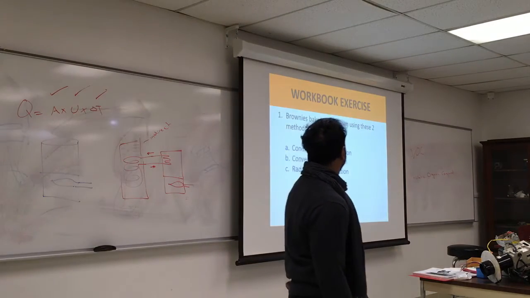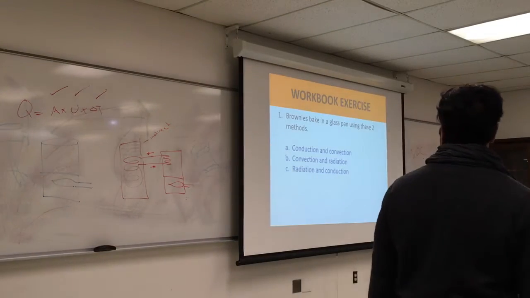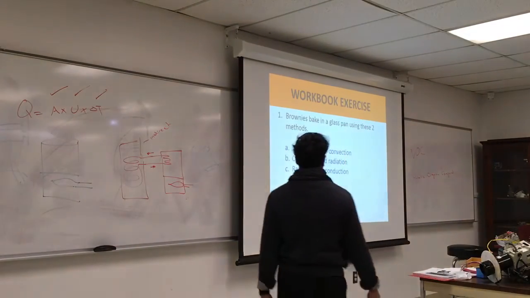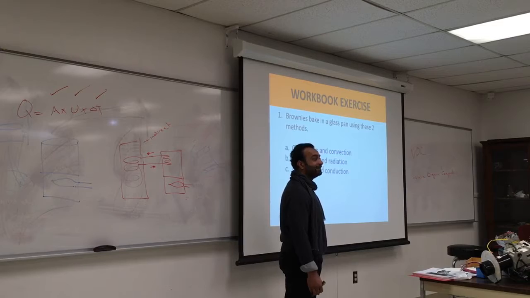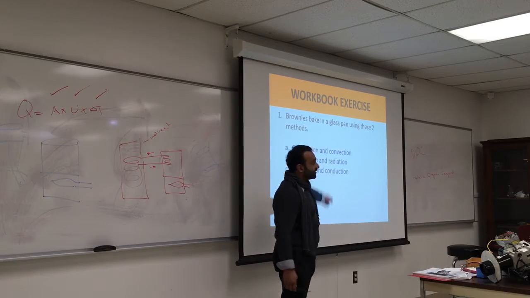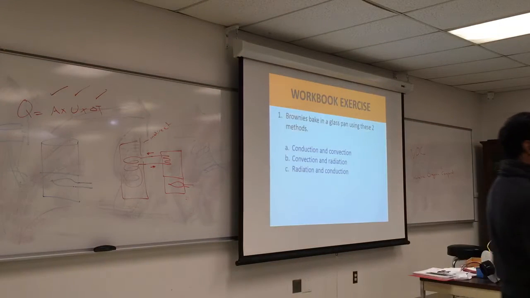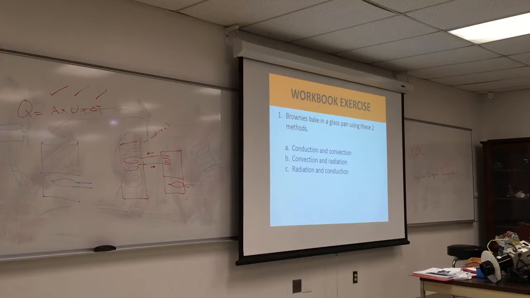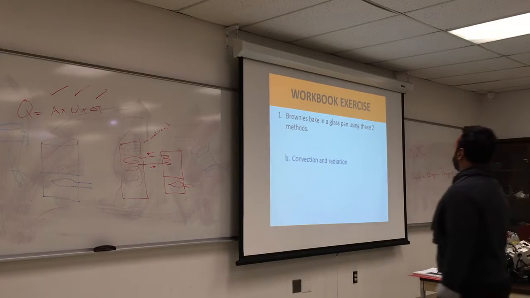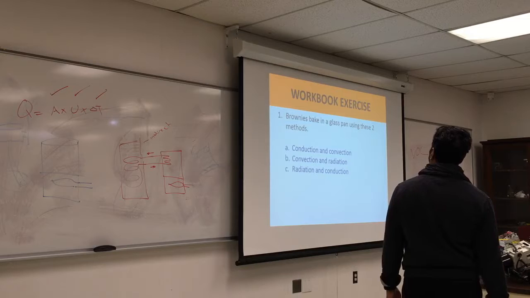Brownies baked in a glass pan using two methods. What do you think? Conduction and convection. Conduction up the pan to the brownies. Oh, you were right. I was wrong.